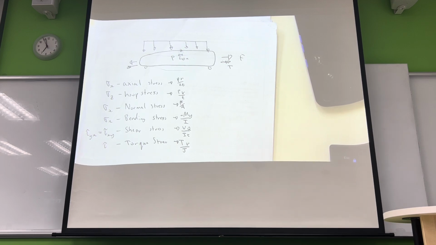With the second moment of area, it was the integral of y squared dA, so it was the integral over the whole area of the distance away from the centroid squared.